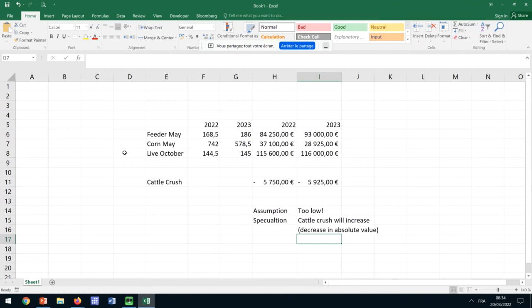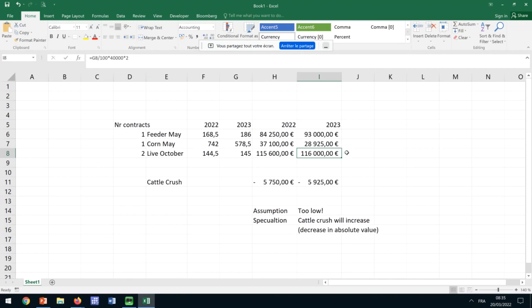So, maybe I should number the contracts. We have one contract here, one contract here, and we have two contracts of output. Now, we think that the number is too negative, which means that either the live cattle are too cheap, or the input is too expensive.